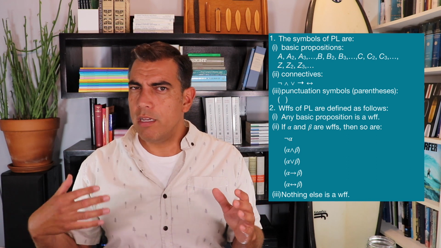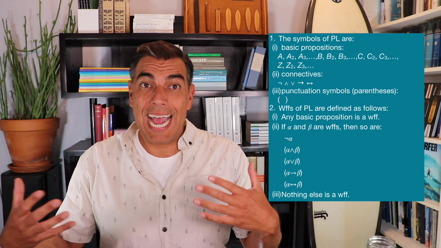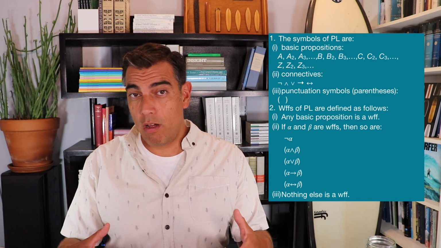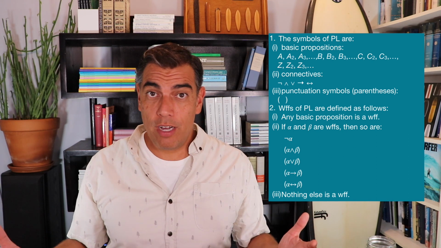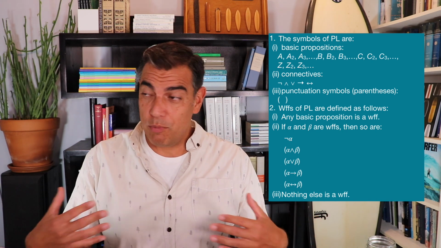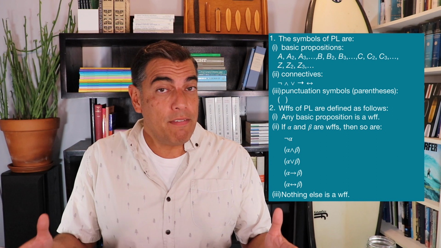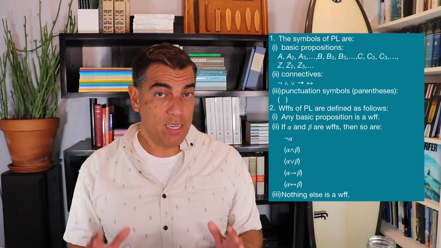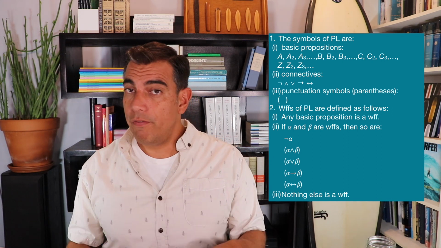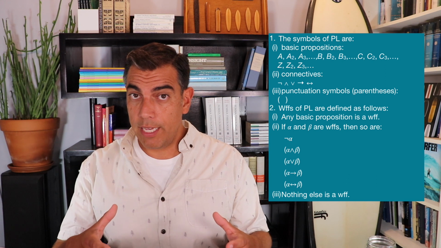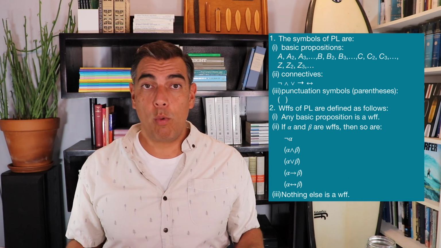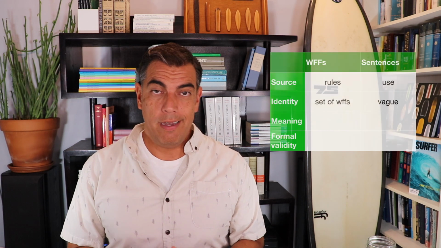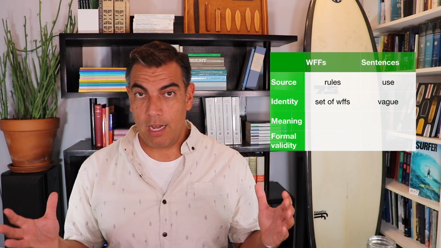But even then, you can use them as sentences, even when they're grammatically wrong. I can say something like, say it ain't so, and that sure sounds like a sentence. It sure acts like a sentence, even though it's not grammatically correct. But unlike sentences, if it doesn't follow the rules that we've laid out here in our syntax, then it is not a well-formed formula.